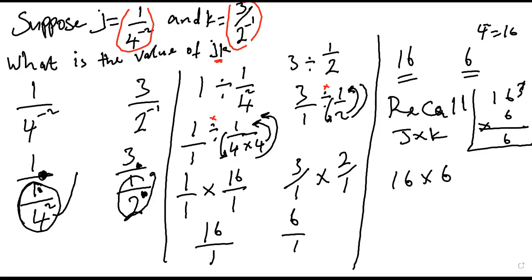Sorry, my friends. Carry 3. 6 times 1 is going to be 6, right? Plus that 3 is going to be 9. So the answer is going to be 96. So J times K is going to be equal to 96. That's the answer.